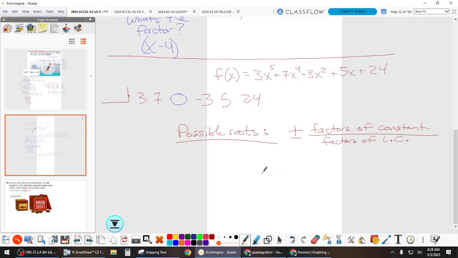Which is what in this case? 3 is the lead coefficient, 24 is the constant. So just write plus or minus. You don't have to write all the positives and all the negatives.